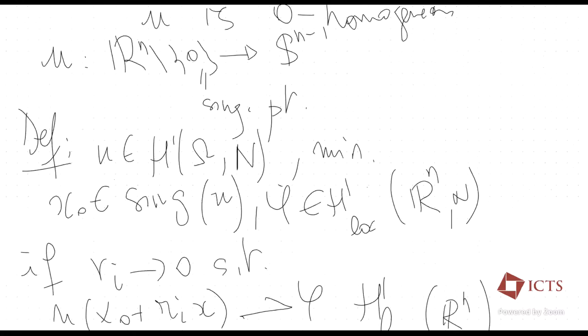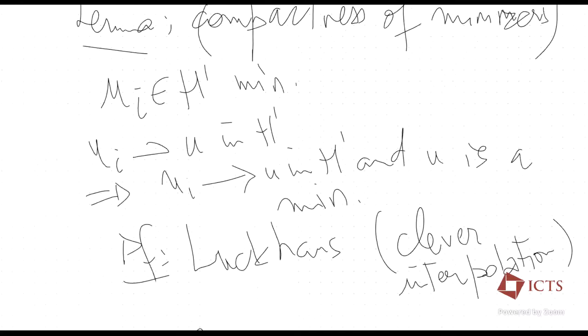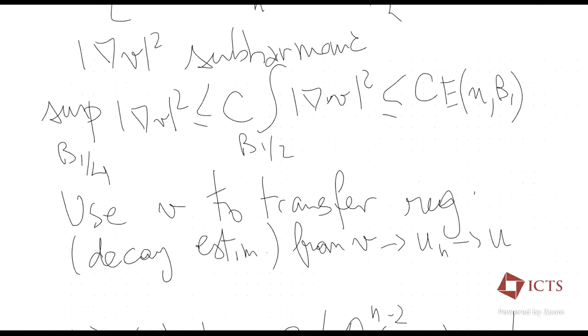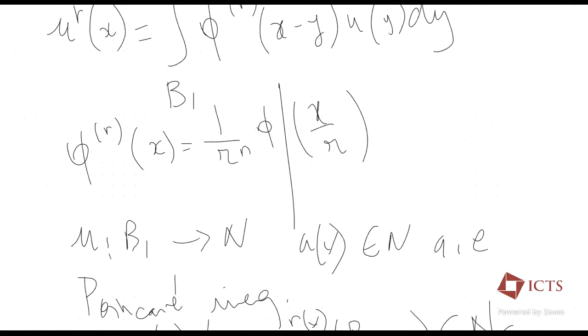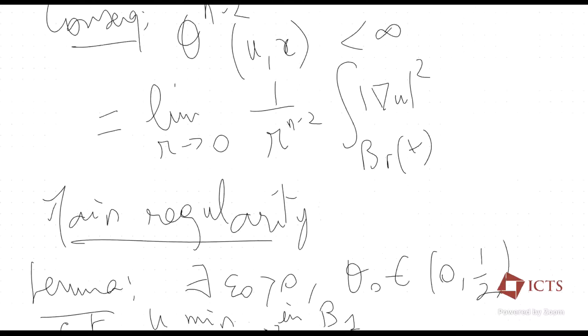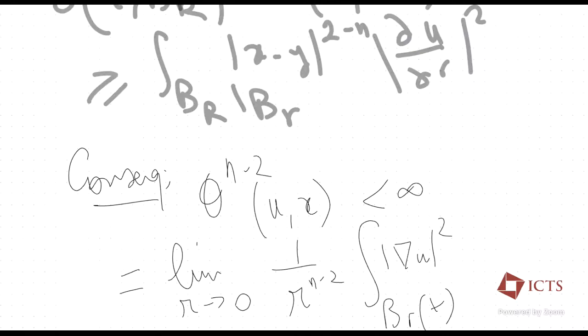Why is it important that a sequence of minimizers converges to a minimizer? Let's look at the monotonicity formula. What is it telling me?